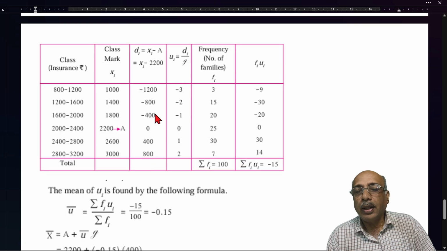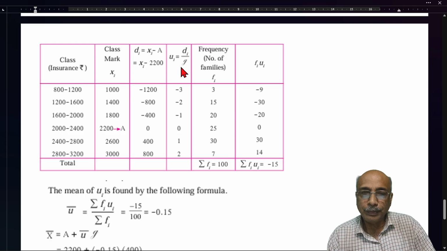Simplify this. Now one more additional column is here, that is ui. In the step deviation method, one more column is added, that is ui. ui equals di upon g. The letter g is shown there.